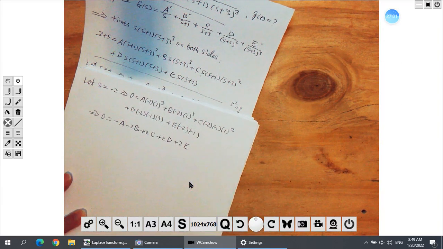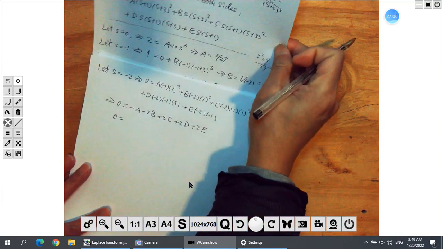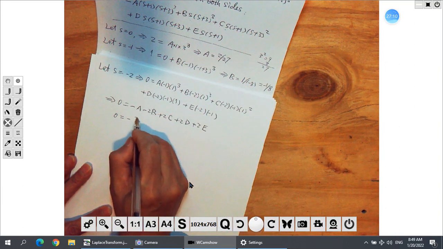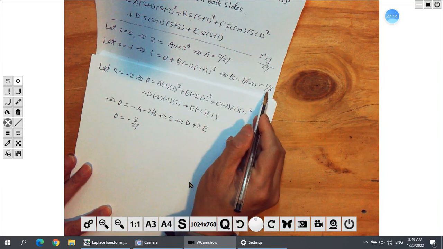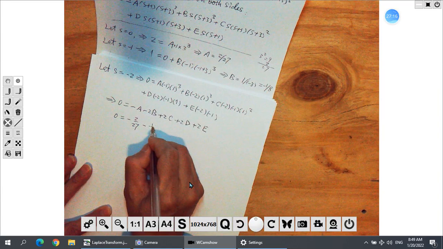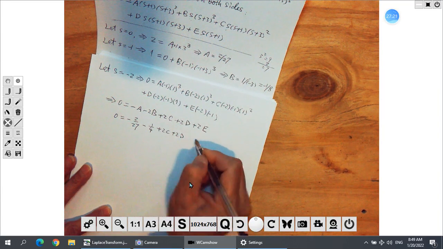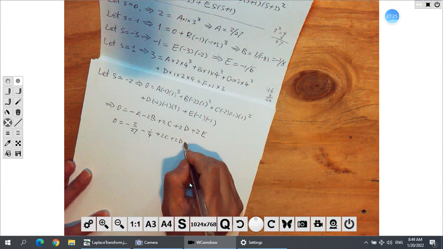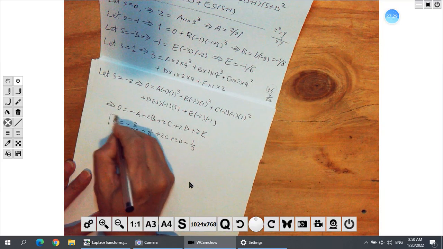Okay, and let's put the value in. What is A? A is 2 over 27, and B is negative 1/8 times 2. I get negative 1/4 plus 2C plus 2D, and E. E is negative 1/6 times 2 is negative 1/3. Okay, I have the second equation.